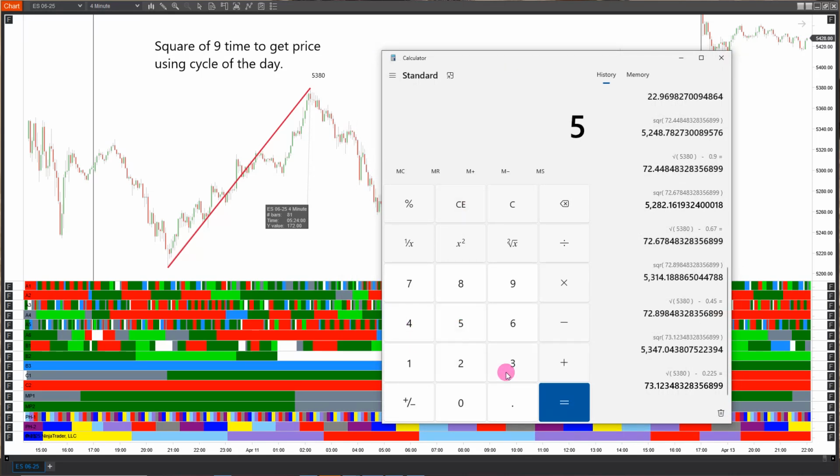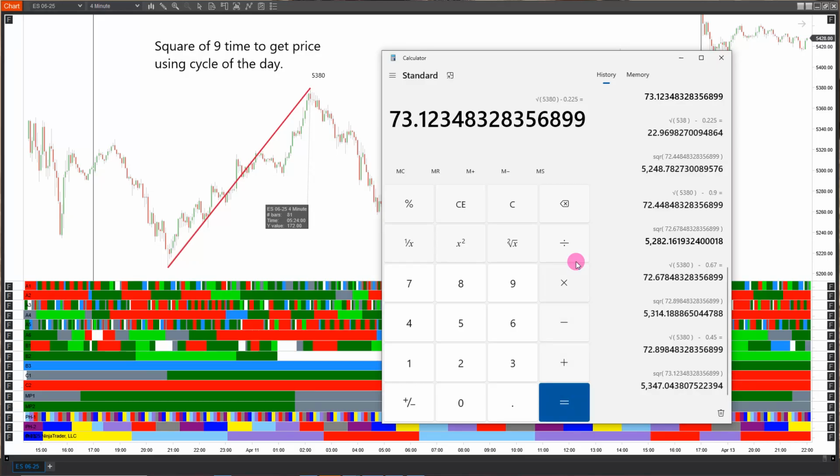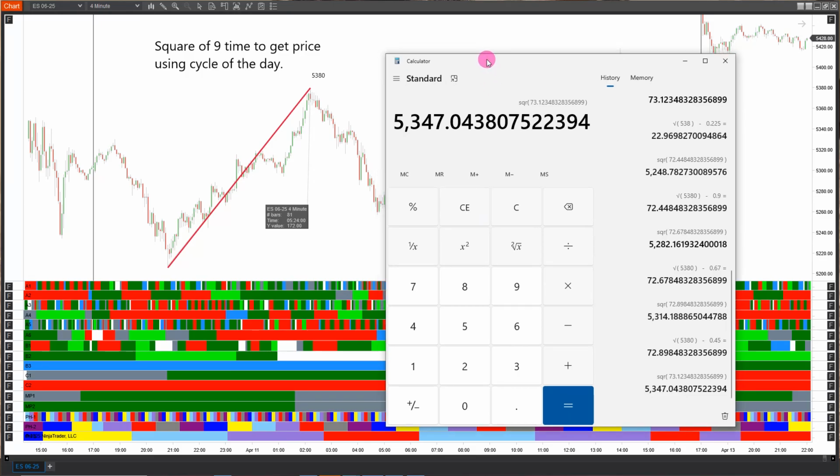I'm going to take that 53.80 high, take the square root of that, and then subtract my degree multiplier, which was 0.225. I subtract that out and re-square that to get my first projection down. First projection down is at 53.47.